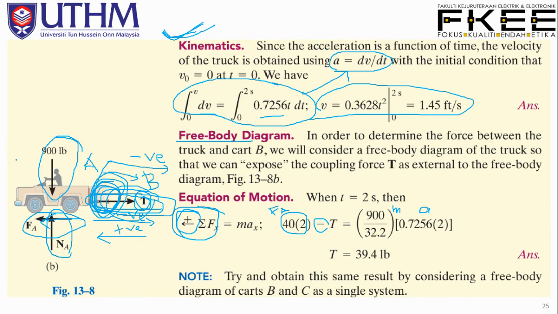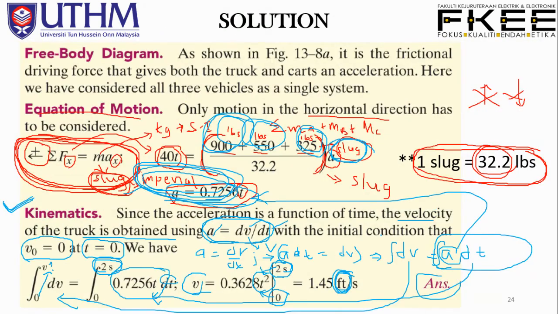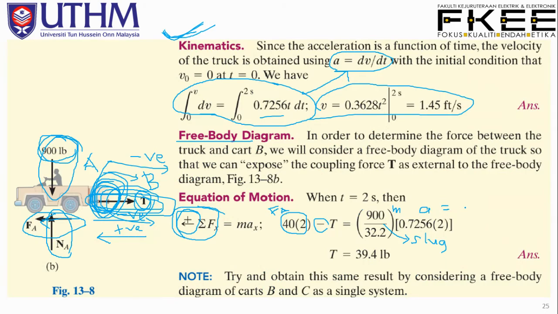M is 900 kg for the mass of truck A, again over 32.2 because we need to convert everything into slug. And then we have a. Let me rewrite for you: a equals 0.7256t, actually, with t equal to 2 seconds substituted into this t.